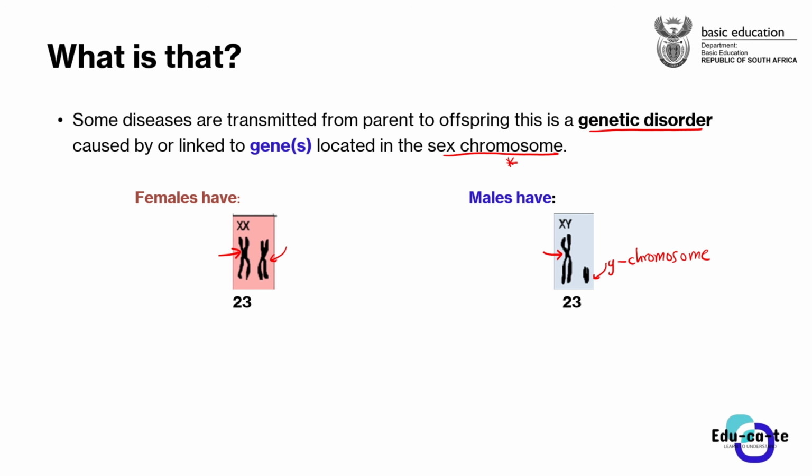So in a sense, we say that the X chromosome has more genes than the Y chromosome due to its size. We can deduce that the X chromosome carries more genes than the Y chromosome, since the Y chromosome looks smaller.